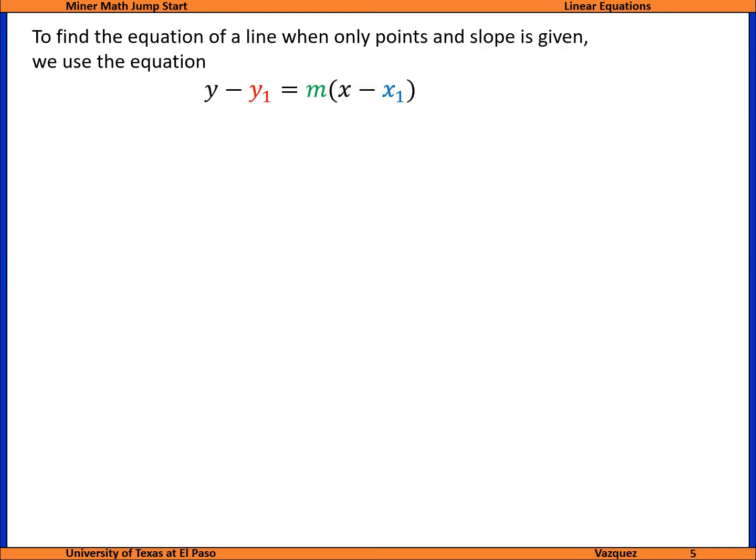Okay, so here, to find the equation of a line, when, say, for example, they only give you points and the slope, then we use the equation y minus y1 equals m times x minus x1. Again, might ring a few bells. And this is to find the equation of a line, not just a slope.